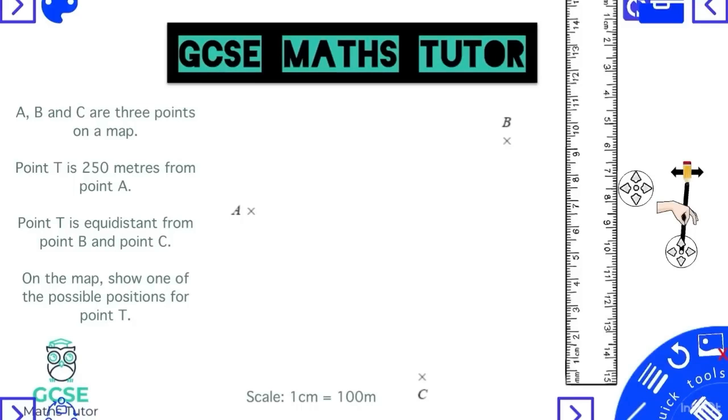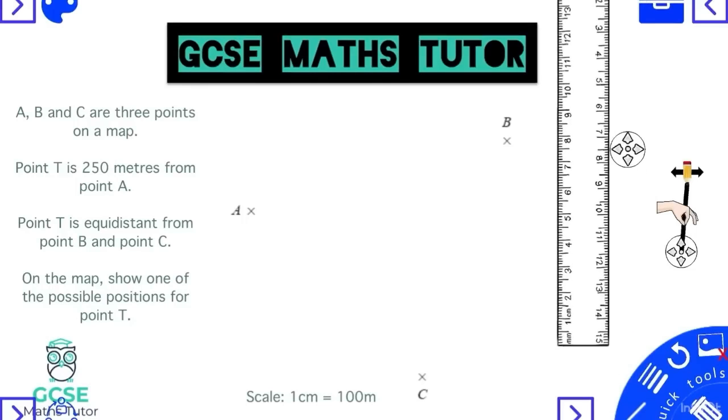So we've got 2 bits of information. It's got to be 250 meters from point A. If we read the scale, it says that 1 centimeter is equal to 100 meters. So this is going to be between 2 and 3 centimeters. It's going to be 2.5. Again, you could divide 250 meters by 100, and that would give you the 2.5 centimeters that it has to be from point A. So if we start by drawing that, we're going to get our compass again, put it at the bottom of our ruler, and measure out 2.5 centimeters.